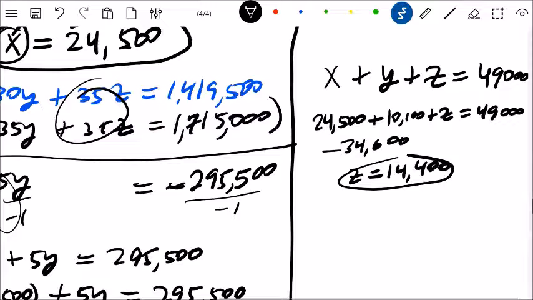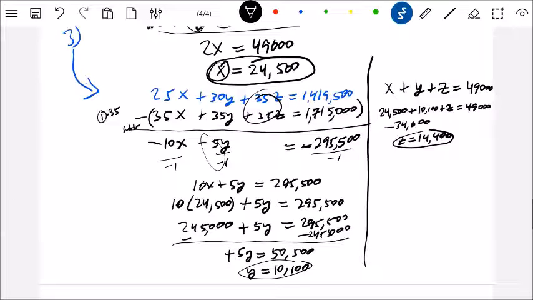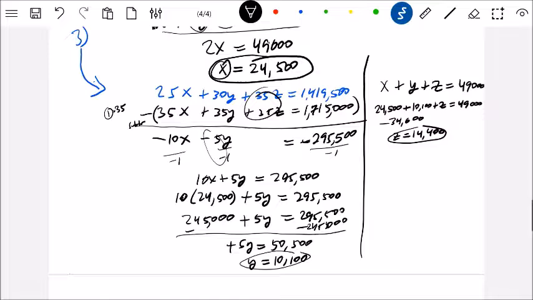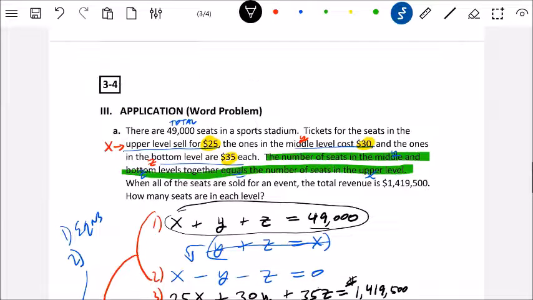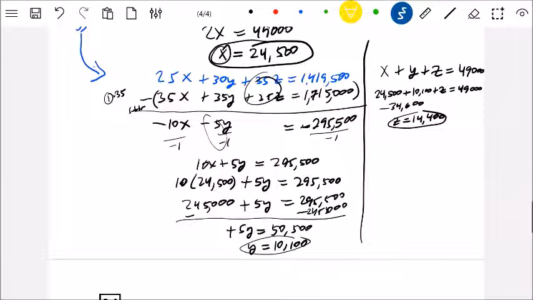To write the answer, this is one that doesn't use a coordinate point because we're not graphing these. This being an application problem, we have to answer this question: how many seats are in each level? Put that in yellow there. So in each level, I'm going to say level upper.